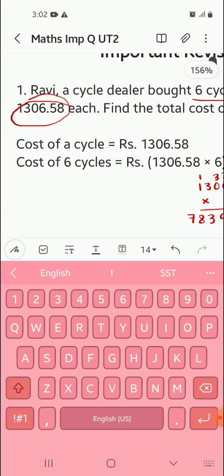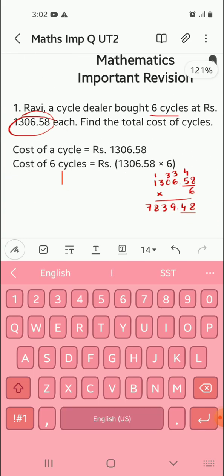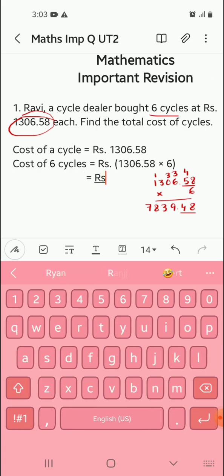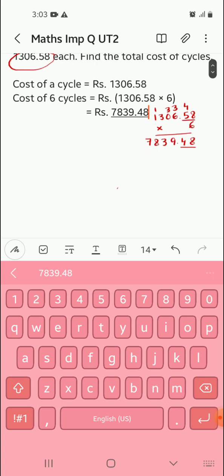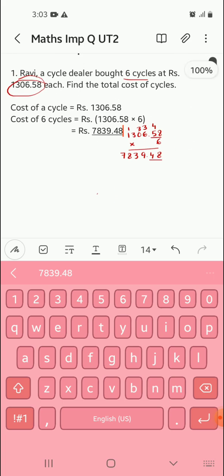So cost of 6 cycles is equal to rupees 7839.48. That's it. Now we'll move to the next question.